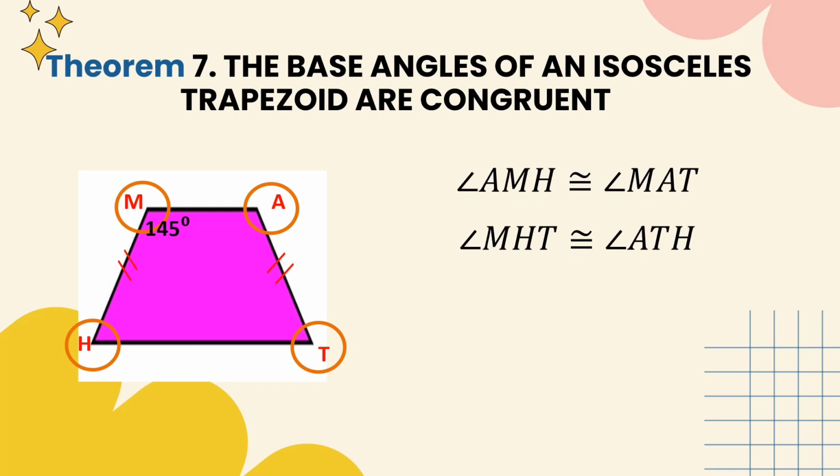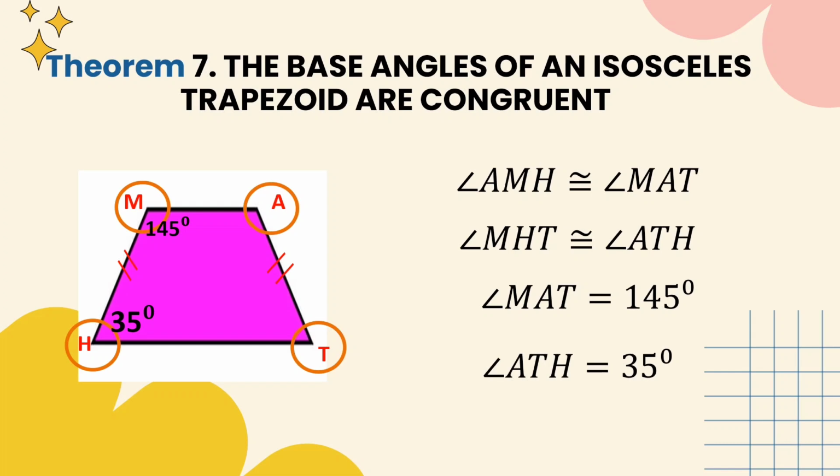So if angle AMH is equal to 145 degrees, then the value of angle MAT is also 145 degrees based on theorem 7. And another, if angle MHT is equal to 35 degrees, angle ATH is also 35 degrees.